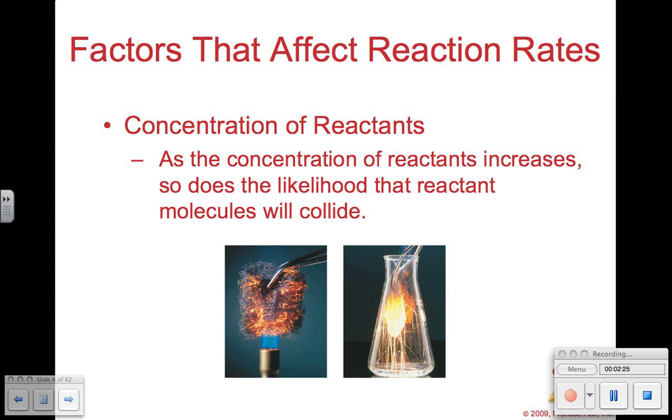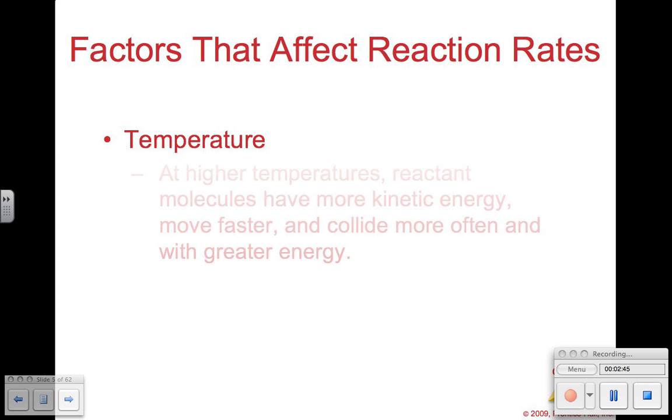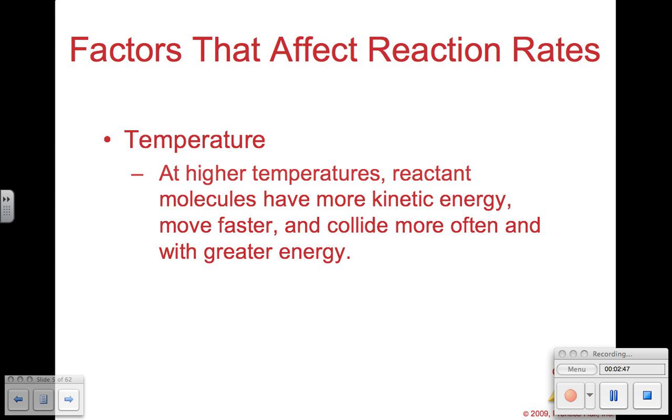The second is hot steel wool placed in an Erlenmeyer flask filled with pure oxygen. In that case, there's a lot more oxygen present, so the reaction can occur faster. More molecules can combine to make the reaction occur.